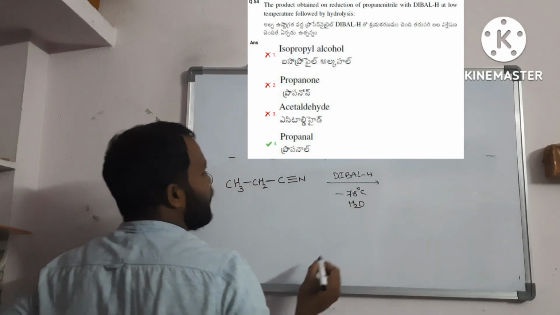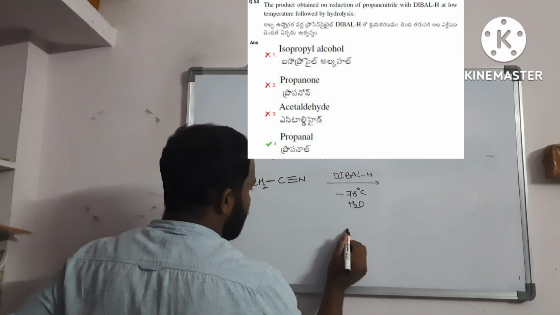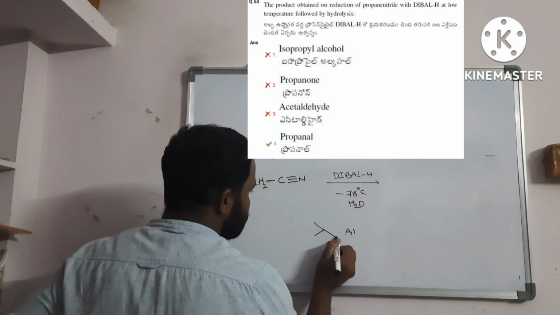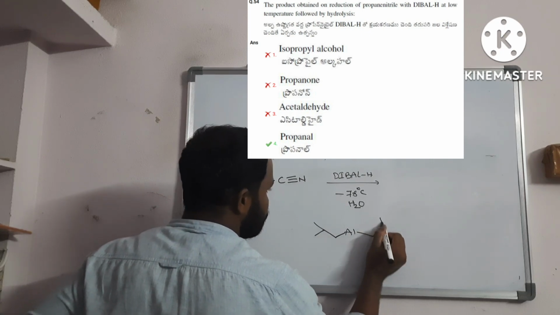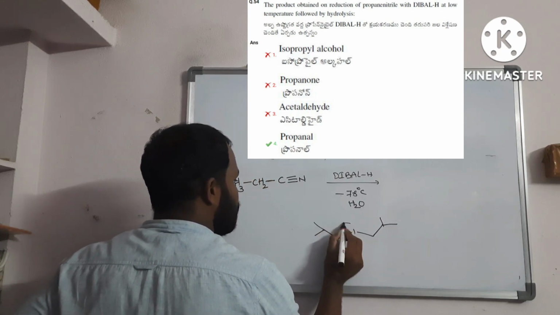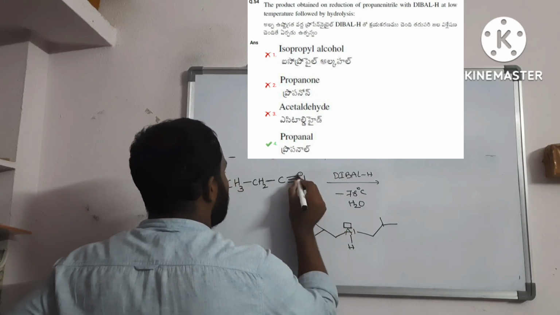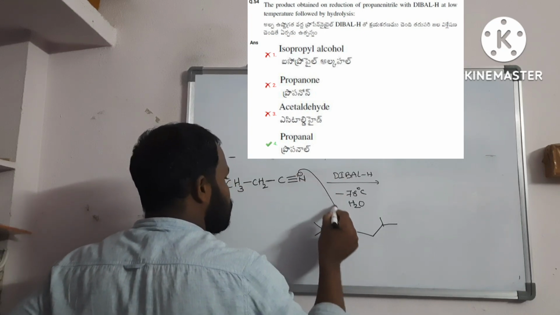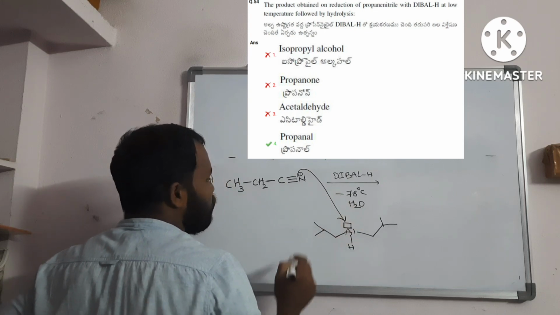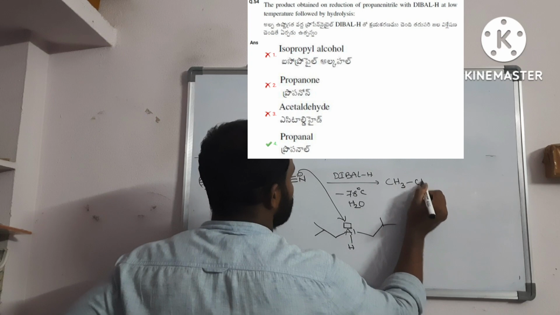So what happens? We know this is the structure of DIBAL-H, aluminium, and this is hydrogen. Aluminium contains a vacant orbital, and the nitrogen contains a lone pair that is going to donate to the vacant aluminium, forming CH3CH2C triple bond N bonded to aluminium.